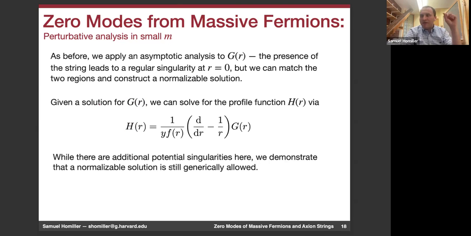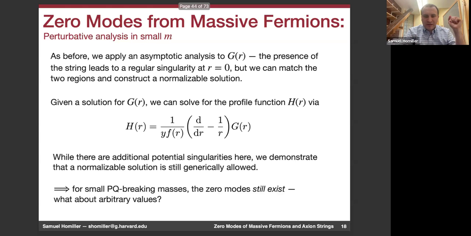So for small values of the mass, at least, this is just an argument that perturbatively all of this goes through, and the existence and uniqueness theorem of a second order ordinary differential equation tells you that these zero modes still have to exist, and they just have small changes to their profiles.